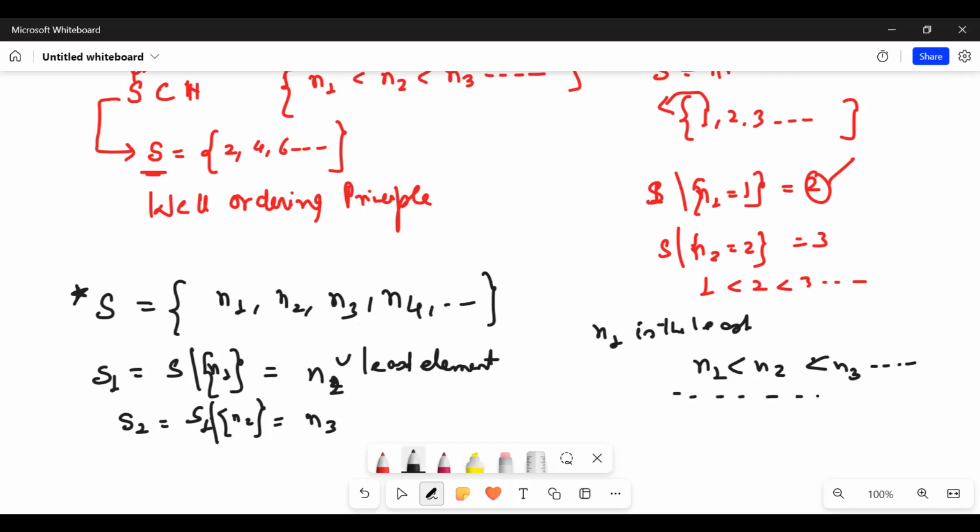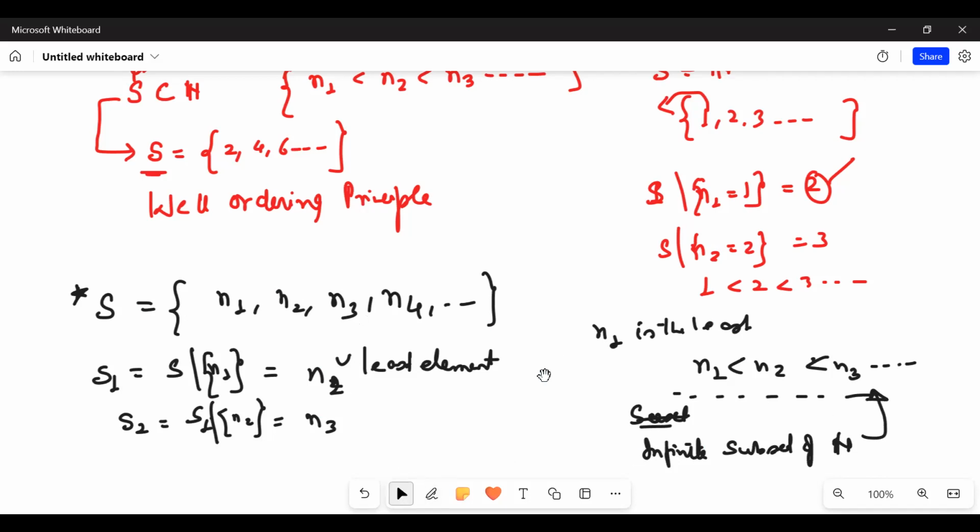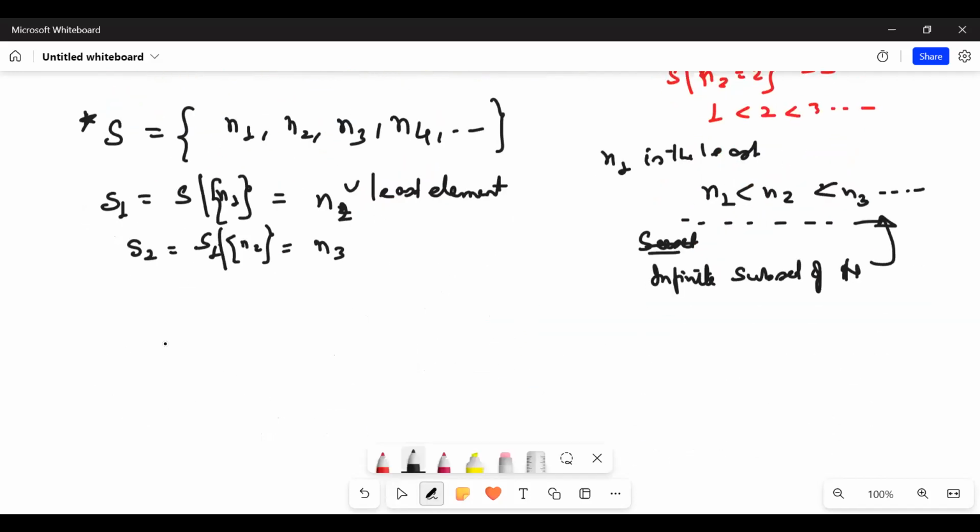In any case, understand that by the well ordering principle, any infinite subset of N can be arranged in this fashion. Another observation we got: if I pick out the first least element, the least number in the natural numbers is 1, so in any case this would be greater than or equal to 1.